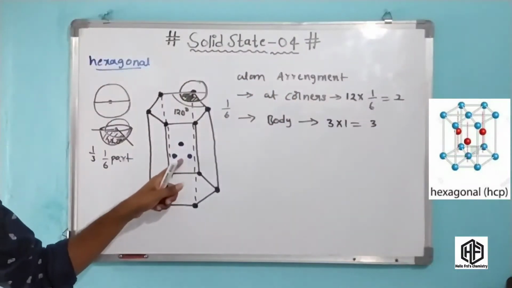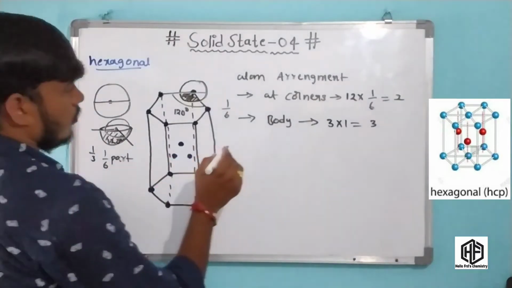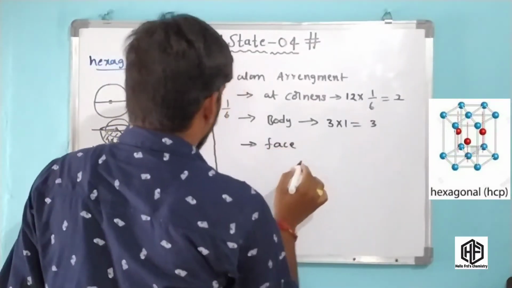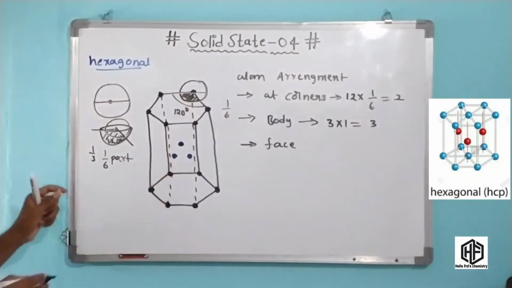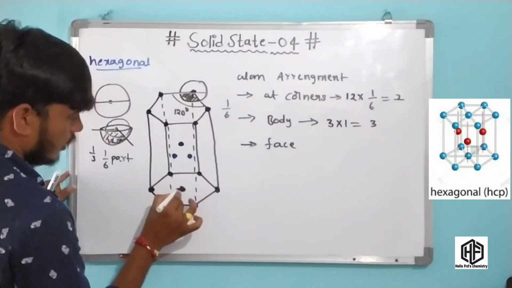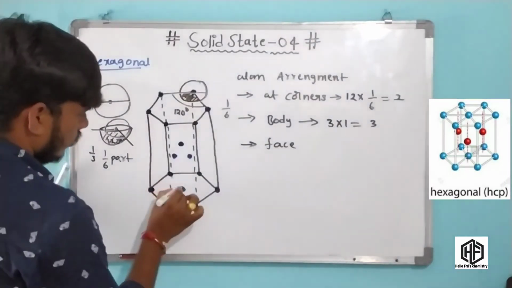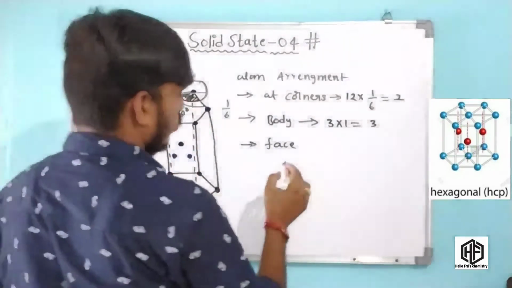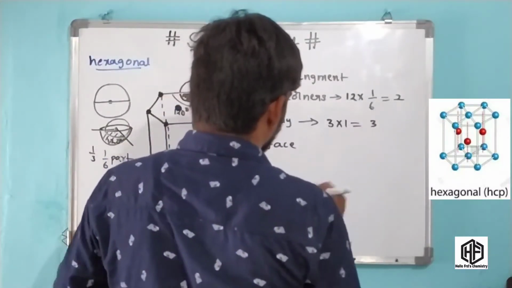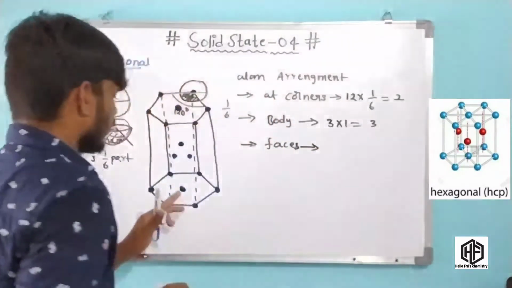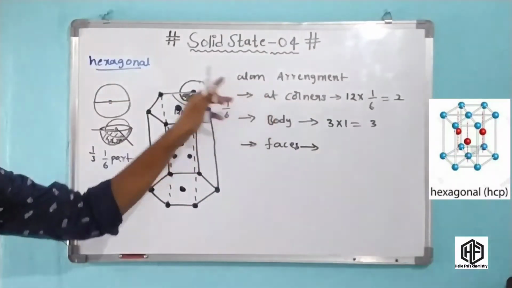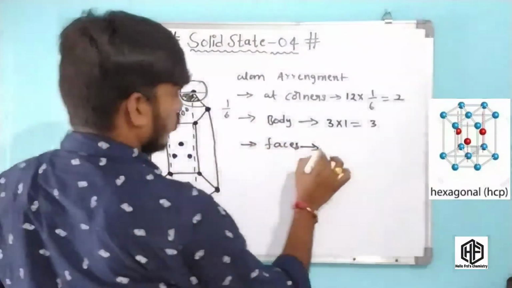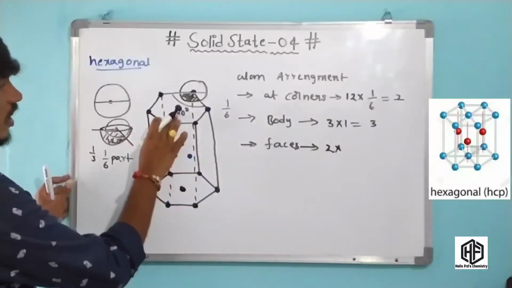Atoms arranged in the body are 3, and another arrangement in the hexagonal unit cell is the faces, okay friends. Faces in the hexagonal unit cell are 2 faces. This is one face arrangement of atoms, and this is the other face. These 2 faces are the arrangement of atoms in the hexagonal unit cell, the body is 3 and faces are 2. Each face has a contribution of half, okay friends.